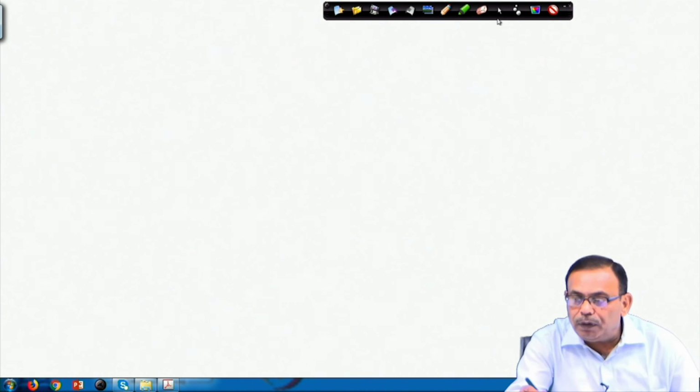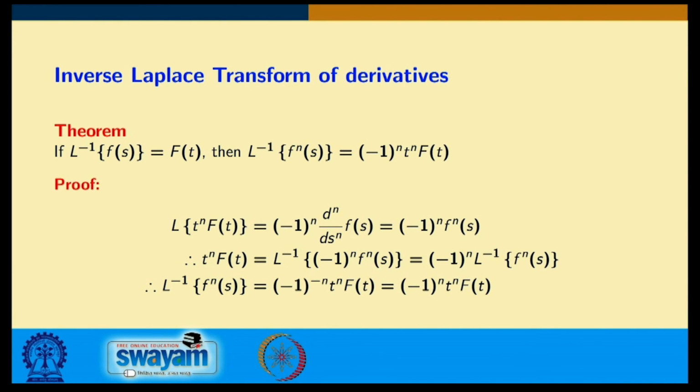So, if I go back, I had to prove that Laplace inverse of F^(n)(s) equals minus 1 to the power n t to the power n into f(t). I started with Laplace transform of t to the power n into f(t) equals minus 1 to the power n d^n/ds^n of F(s), because this is known from the derivative theorems of Laplace transform.